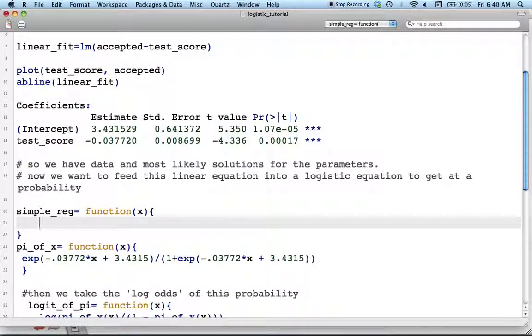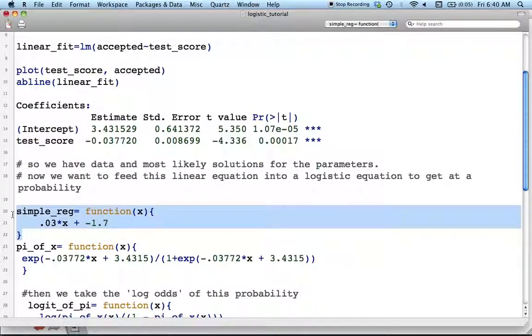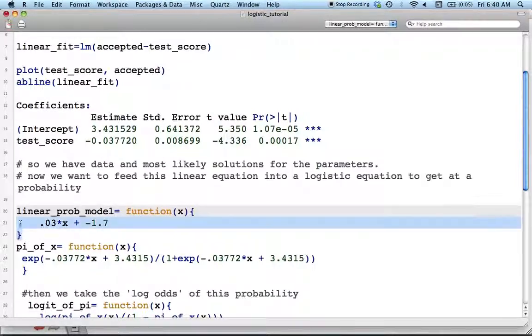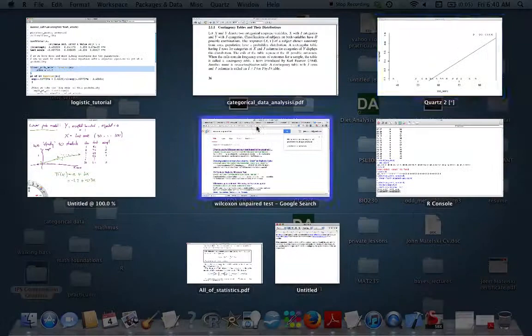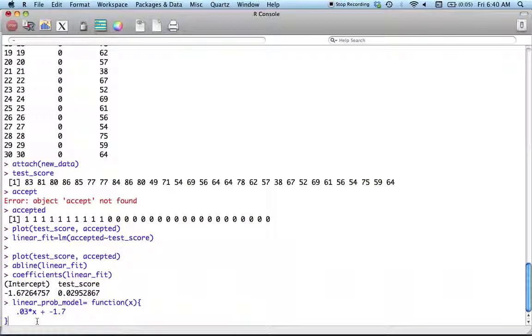All we want to do is take 0.03 times x, and to that add minus 1.7. Actually, maybe I should be more descriptive and call it linear probability model. Okay.